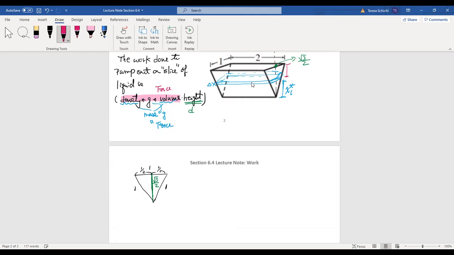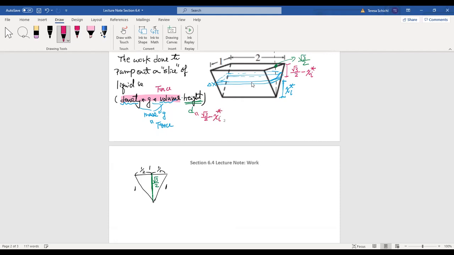The total is the square root of 3 over 2, so how high I need to pump that out is the square root of 3 over 2 minus xi star. This is my D.